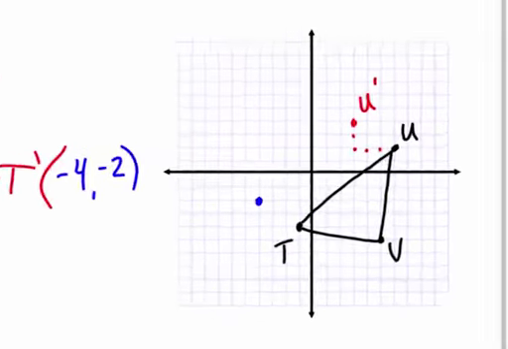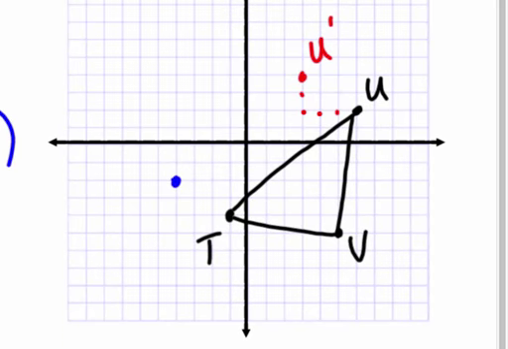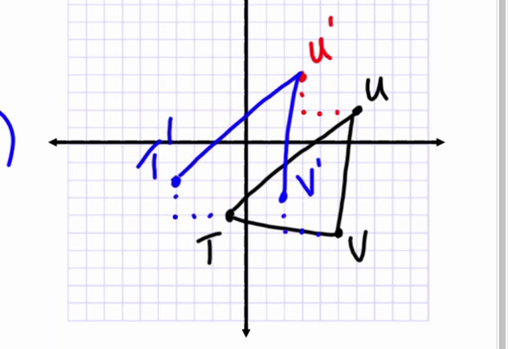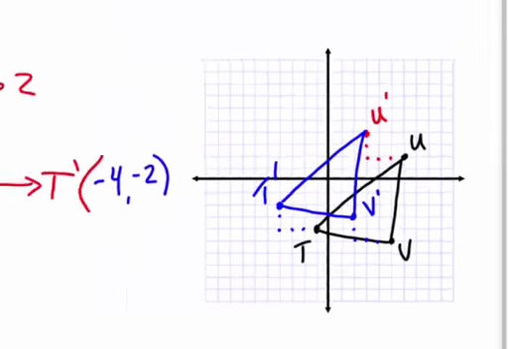Right there. And I could have done the same thing by counting left 3 from T, 1, 2, 3, and up 2 for T prime. Either way, whichever you like easier. And for V, I'm going left 3, 1, 2, 3, up 2, 1, 2. I kind of like the counting, and it seems like it goes quicker for me. For V prime, connect your dots, and you're done.